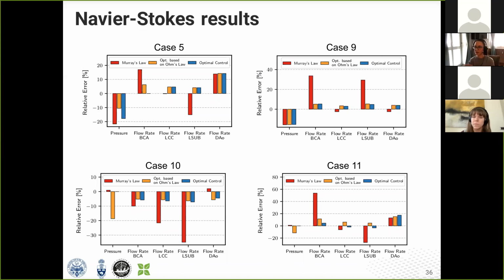So I check if they're still able to mimic those, or if I lose the data assimilation properties that I obtained before. So yeah, just the error with respect to the measurements. Thanks. Okay, that's more clear.